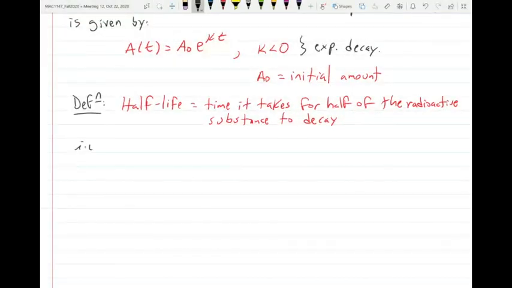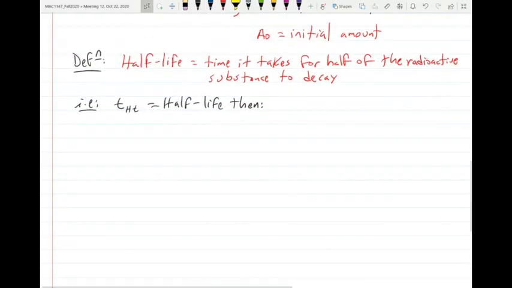I'm going to call it THL. Okay. So THL, what is this? This is the half-life. If we call this half-life, then what does that mean about the quantity itself? So if we plug in THL into the function A of t, right?